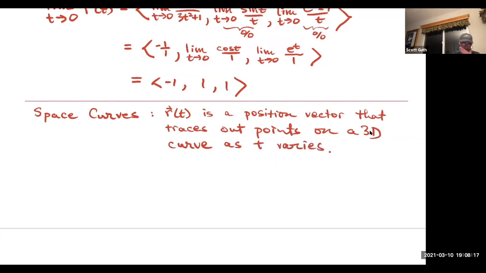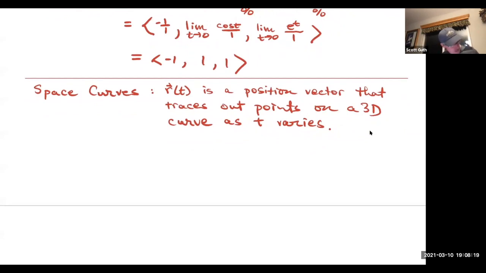Okay, so we've already done lines in space. So I think I'll remind you, I'm not going to go over this again. Lines, we said R of t equals R naught plus V times t.